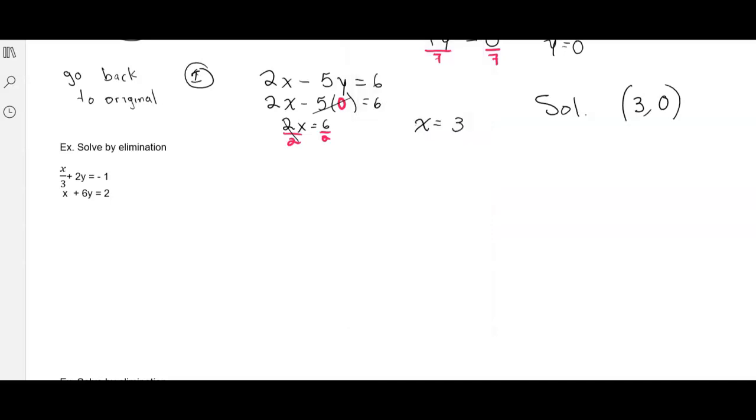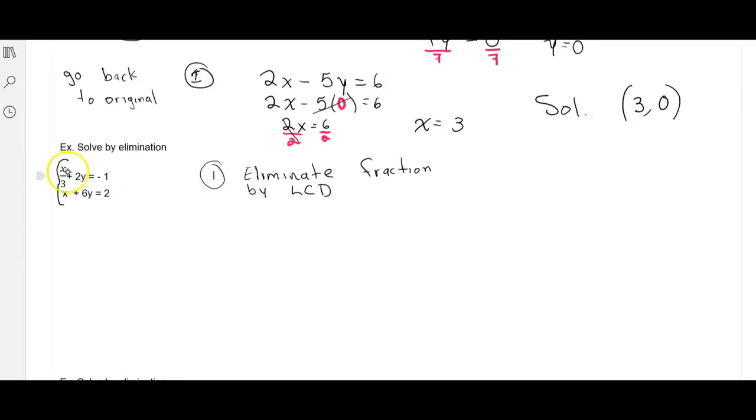Now let's look at this new system of equations. This one has a fraction, and we don't like to work with fractions. So the first thing that we should focus on is eliminating the fraction. And we have discussed how to eliminate these fractions. The way that we remove this fraction is by multiplying using the LCD.